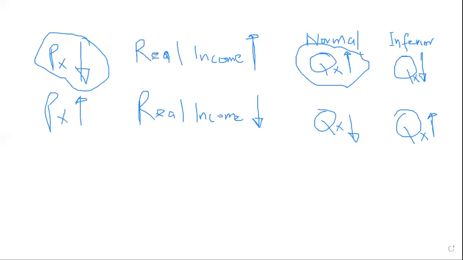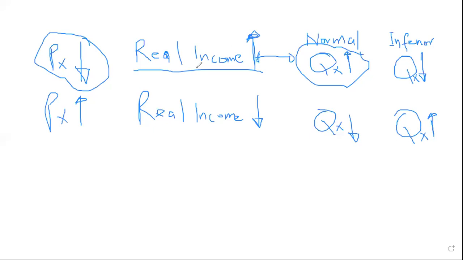So, for instance, instead of analyzing the income effect from the price change, they will analyze it from the real income change. So, if real income should go up because price has fallen, and then quantity for the commodity goes up if the good is a normal good, then here you will say that the income effect is positive.